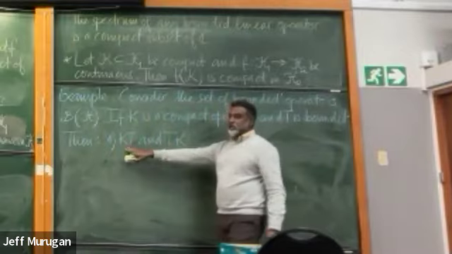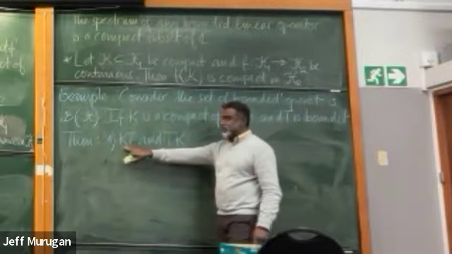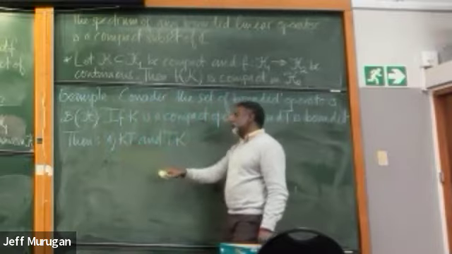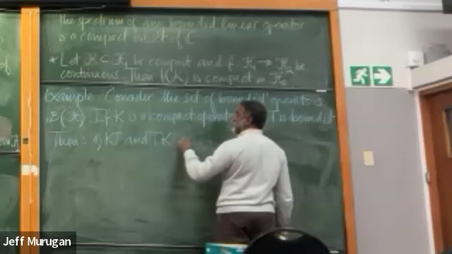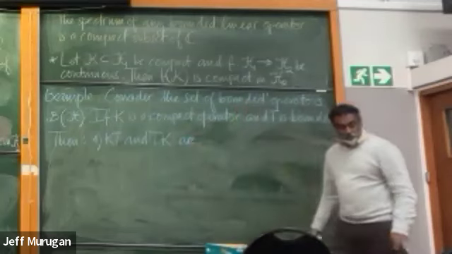These are the operators that I get when I act first with T and then K. Remember, K is compact, T is bounded, and their compositions are both compact.